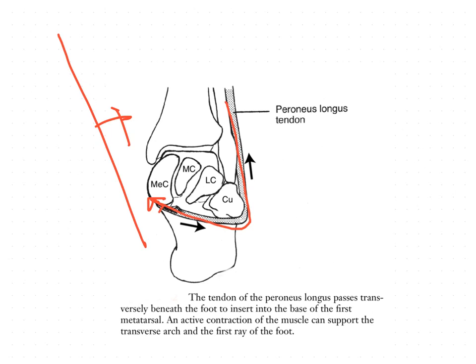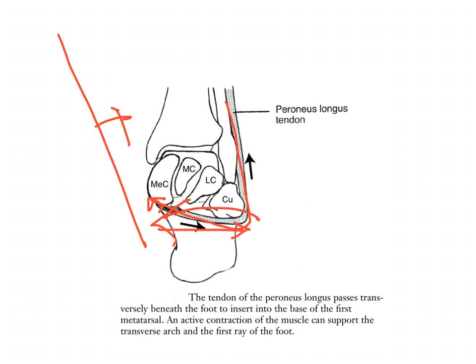This action facilitates transfer of weight from the lateral to the medial side of the foot, and stabilizes the first ray as the ground reaction force attempts to dorsiflex it. The peroneus longus muscle is also credited with support of the transverse and lateral longitudinal arches.